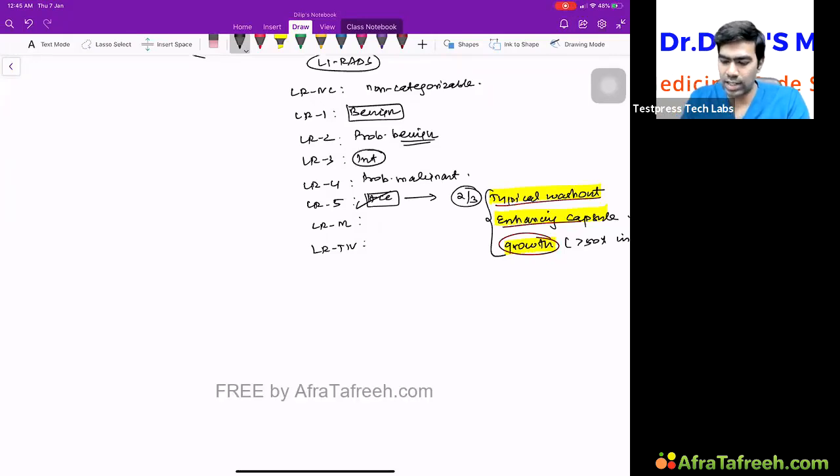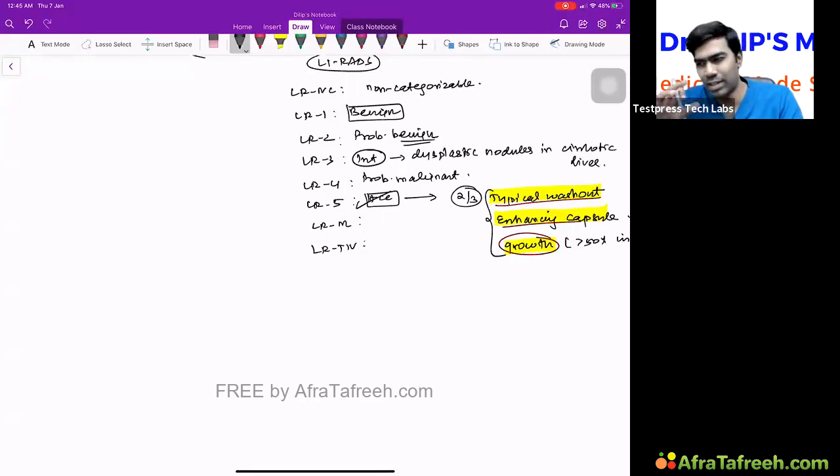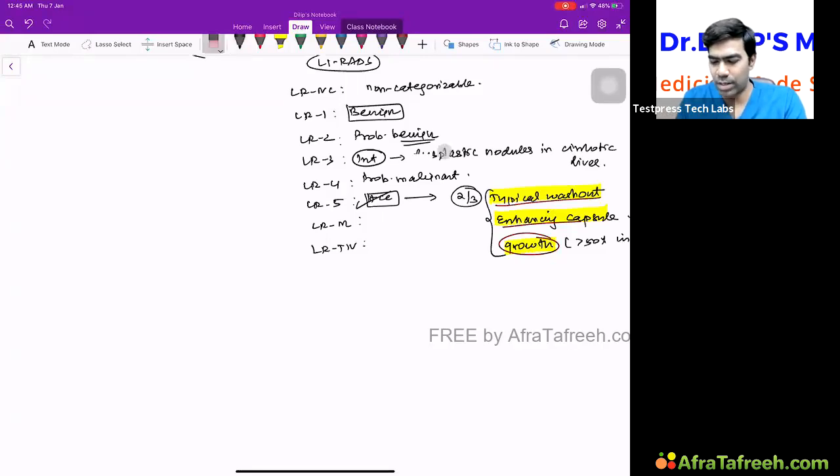And LR3 is an intermediate probability for malignancy. You are seeing some atypical nodules, dysplastic nodules in a cirrhotic liver. Nodules in a cirrhotic liver are quite common. But in that, you are seeing a different kind of nodule, with a mass kind of appearance, but you don't know whether it's a nodule or a mass. This is what we call an indeterminate or intermediate appearance.